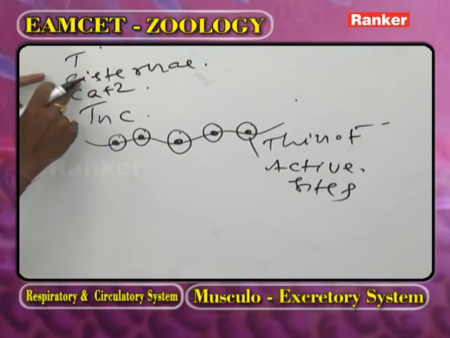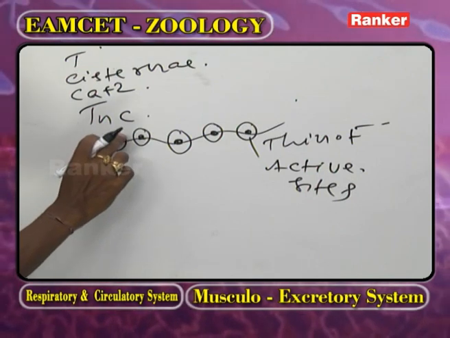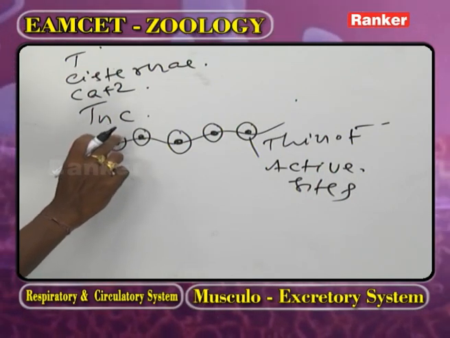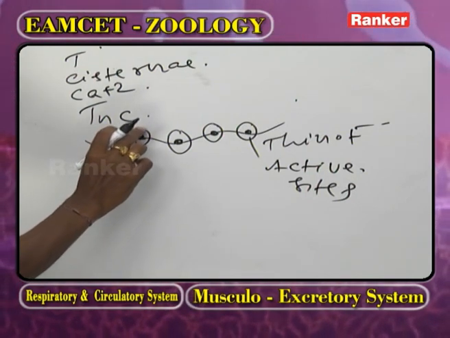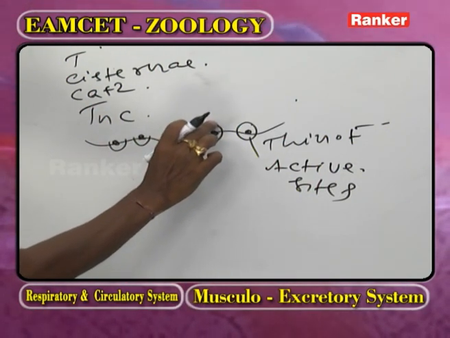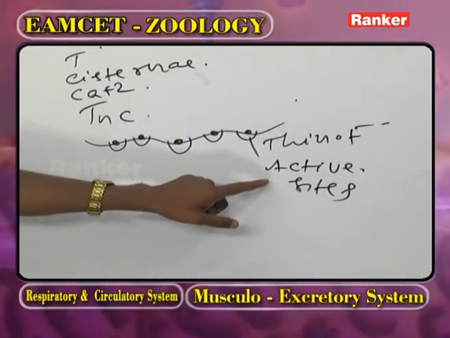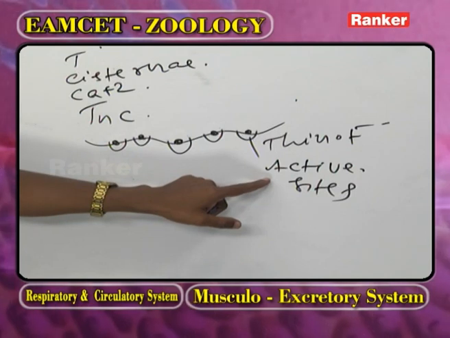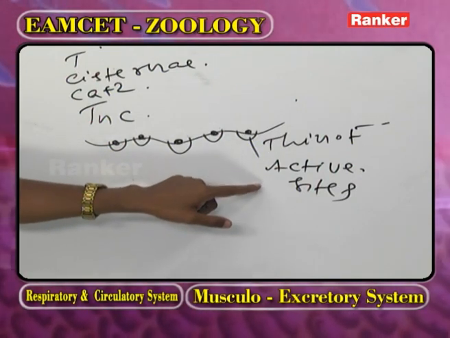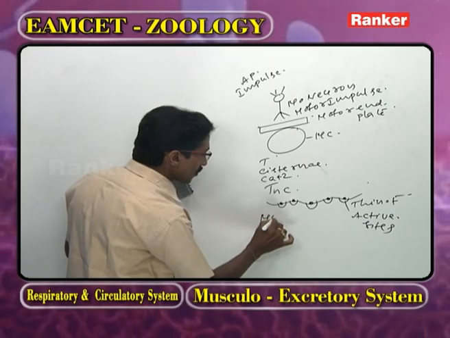Now, the calcium ions release. The calcium ions remove the tropomyosin. Now automatically what are exposed? Active sites. Now with this active site, what is attached? The myosin.